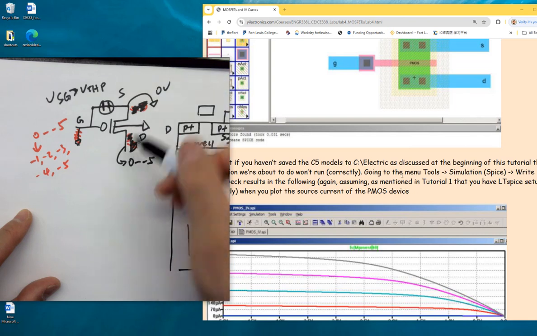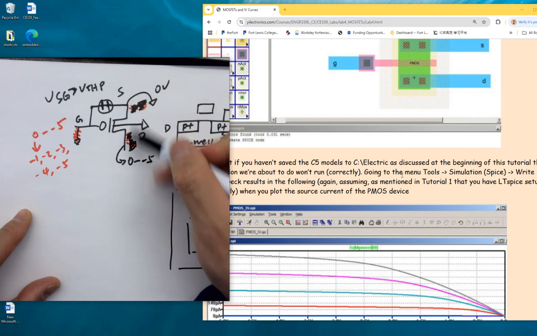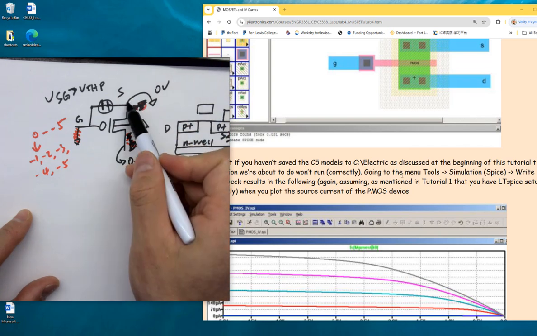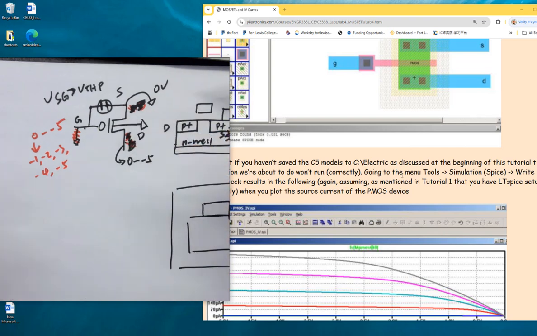Doesn't matter, it's still higher than D, so you're getting a positive voltage drop from S to D. So you have a positive voltage drop from S to G and from S to D, so it's gonna operate. It's gonna run current through S to D.